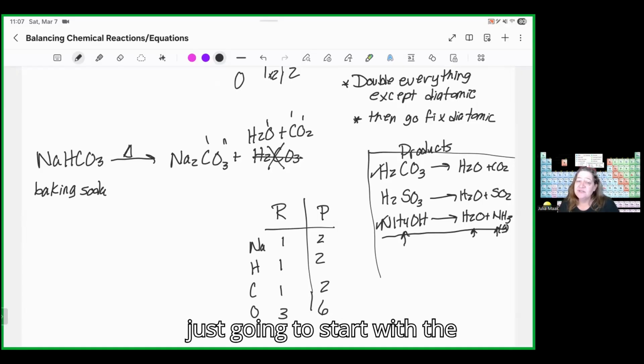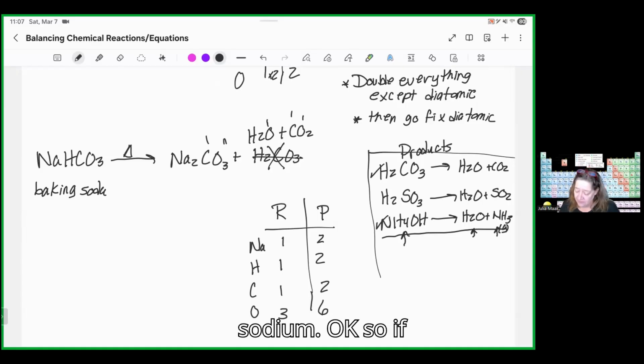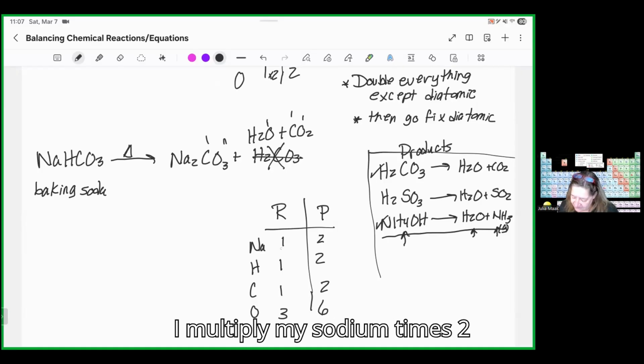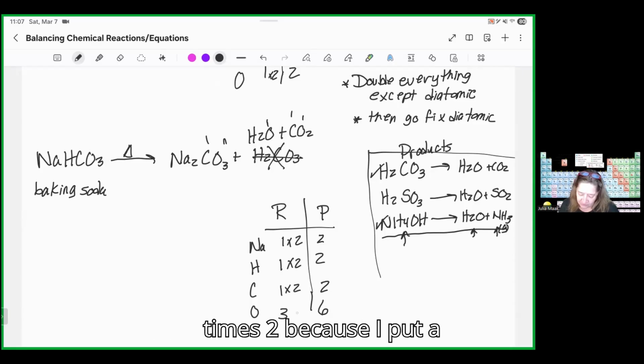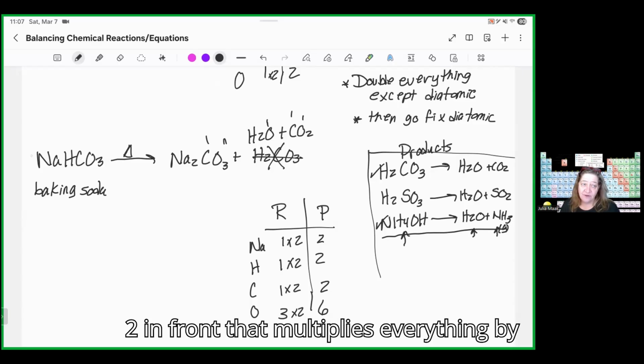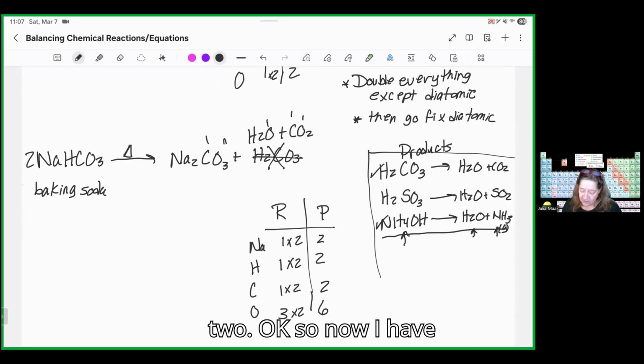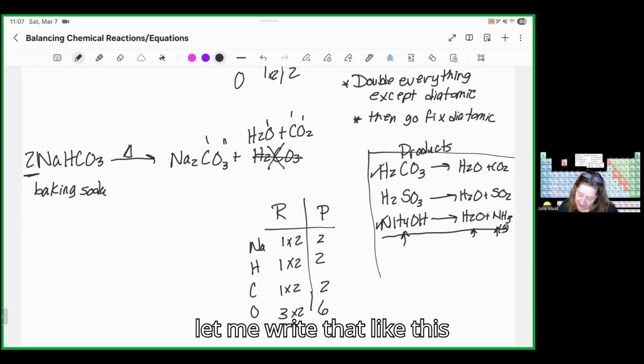So I'm just going to start with the sodium. If I multiply my sodium times 2, that multiplies everything over here times 2. Because I put a 2 in front, that multiplies everything by 2. So now I have 2, 2, 2, and 6.